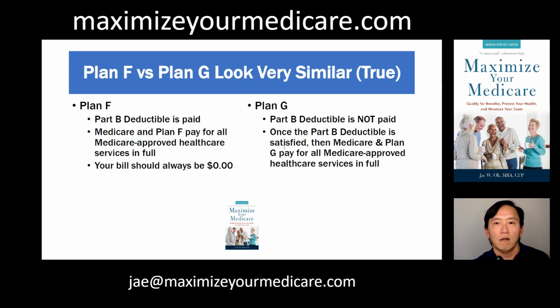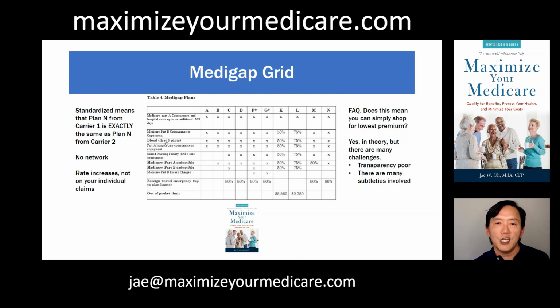Now, you can see here that in addition, by saying in full, that also means that if the healthcare provider charges the excess charge under Part B, which they are legally allowed to do in almost every state, except I think it's now 8, where they have a specific rule that prevents this. In those areas, no matter what, Plan F, Plan G pay for your Medicare approved healthcare services in full.